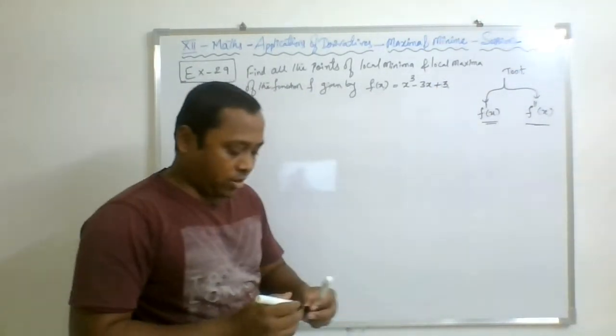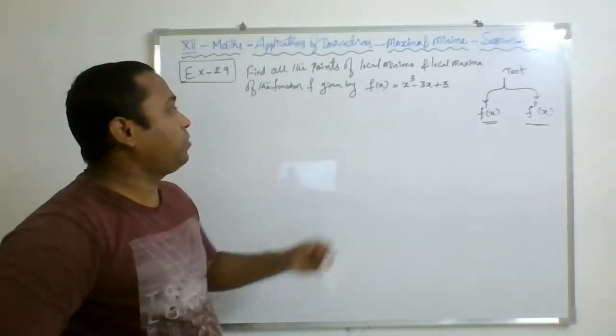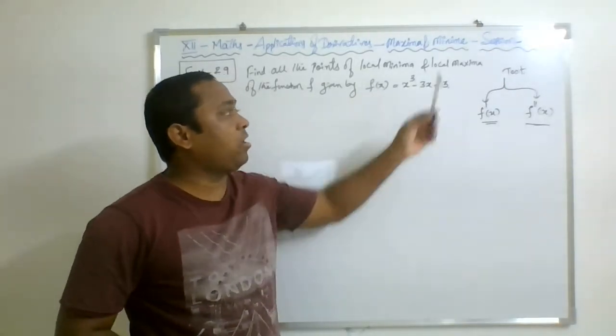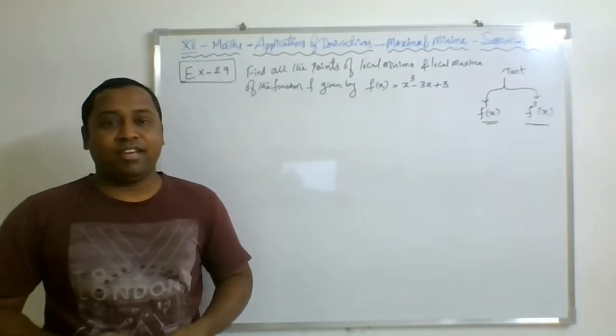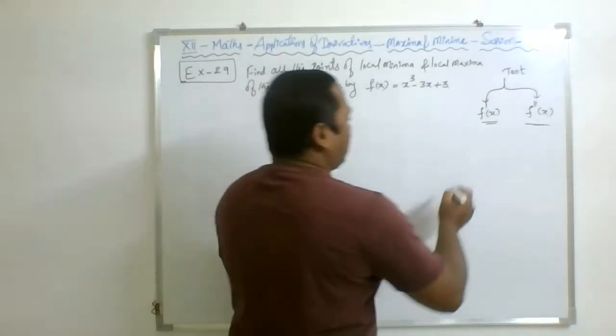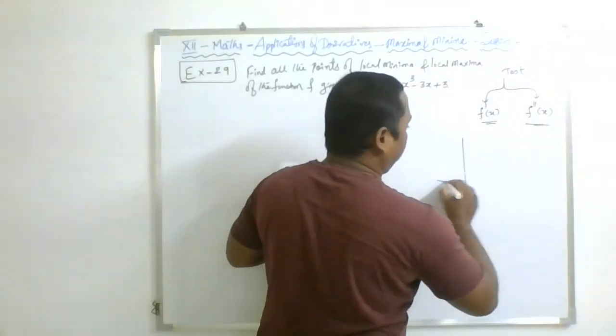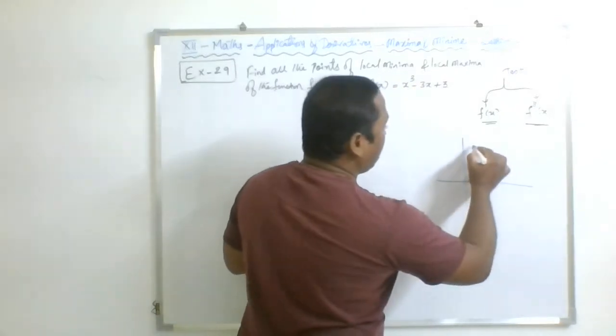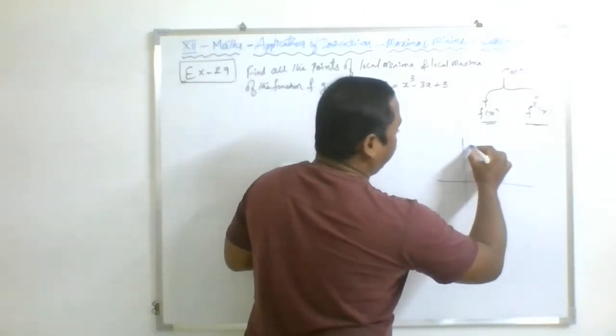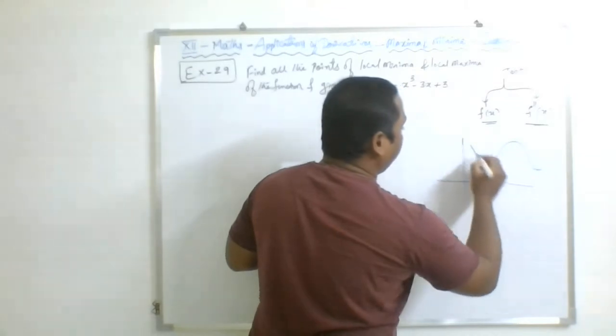Now definitely one question is coming to your mind: what does local minima, local maxima mean here? It's just a terminology. See, I'm just drawing the graph. Simple graph.